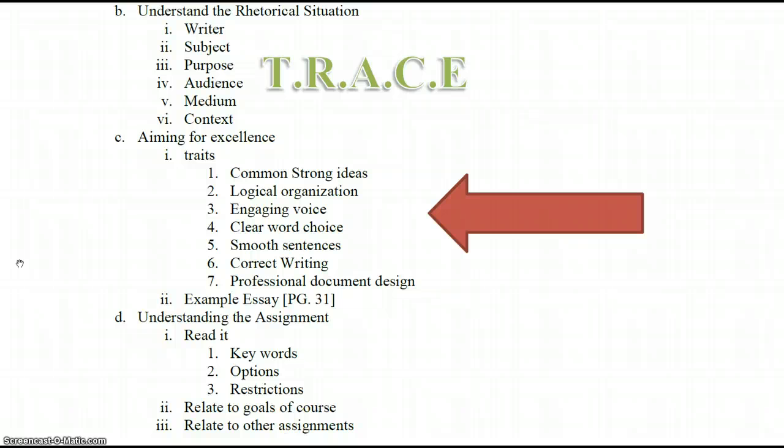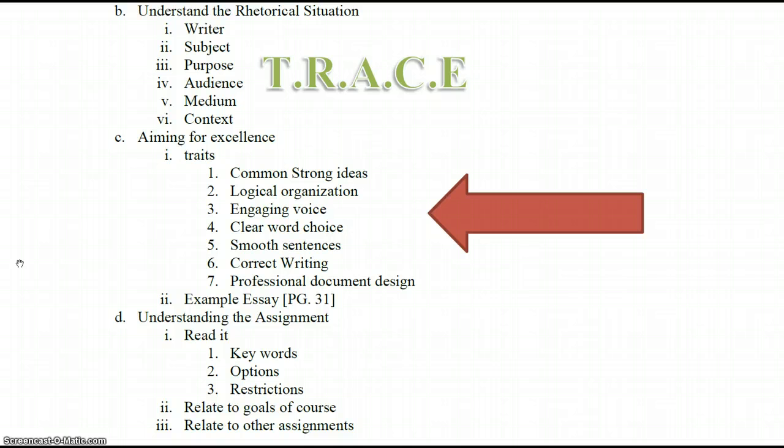And so we're going to go over all of those as you begin reading and practicing this writing process. I love that on page 31 you even have an example of an essay that fits these categories. I really think it's important for you to read that and see what we're aiming for here in college writing.